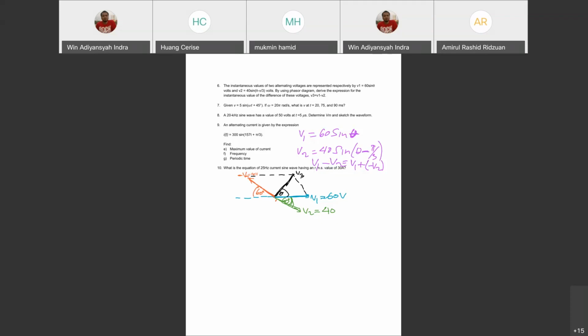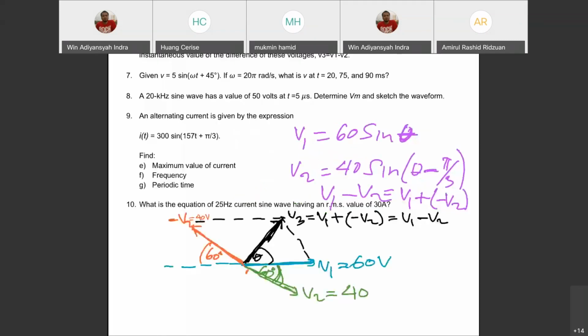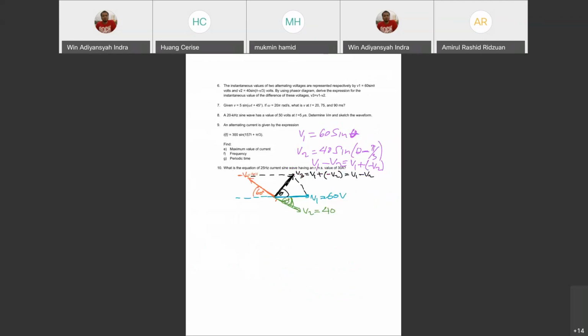This is V3, equal to V1 plus minus V2, or equal to V1 minus V2. Now we're going to find out V3, the amplitude and the degree.